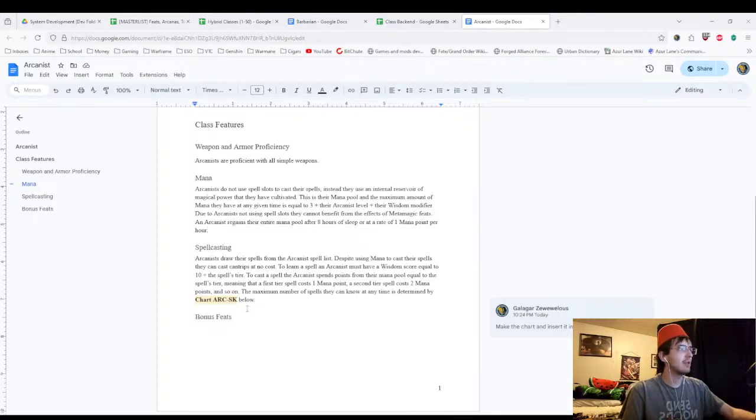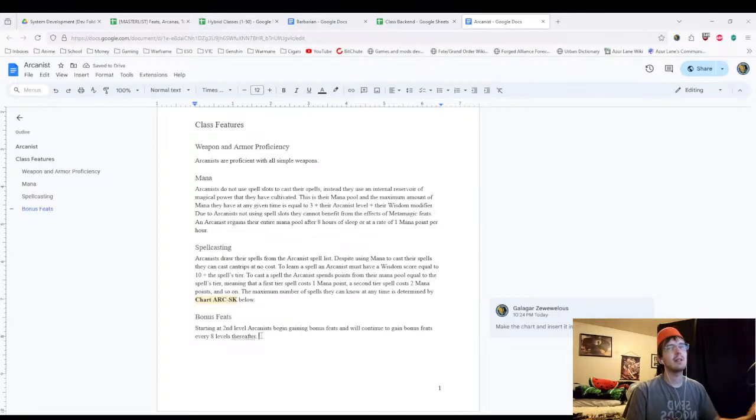Right, there's that. Bonus feats. Starting at 2nd level, they begin gaining bonus feats, and will continue every 8 levels thereafter.